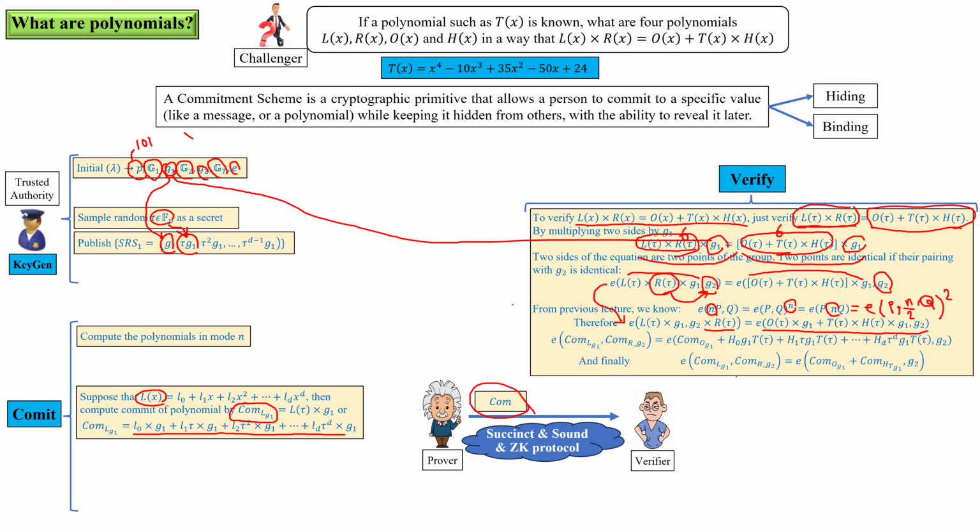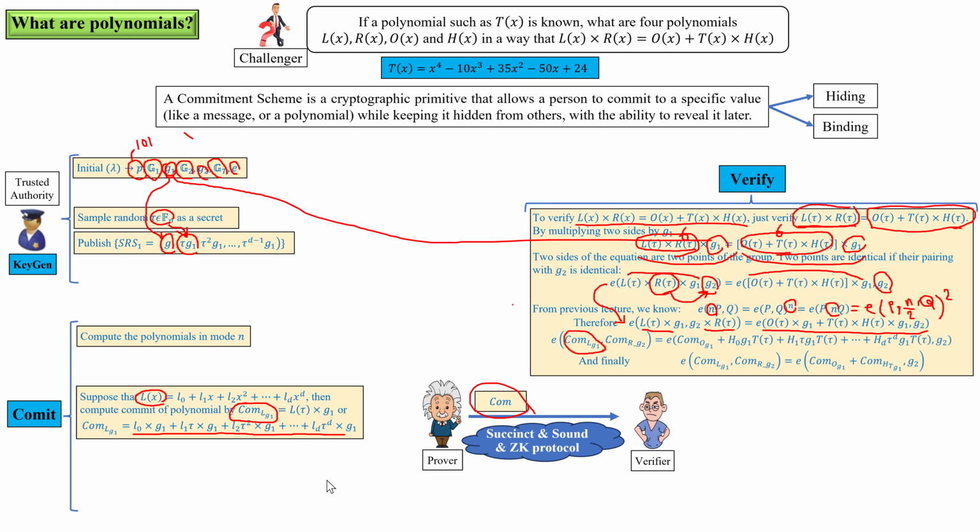Okay. After updating the formula, we say that L of tau multiplied by G1 is the commit of the polynomial L of x on group G1.